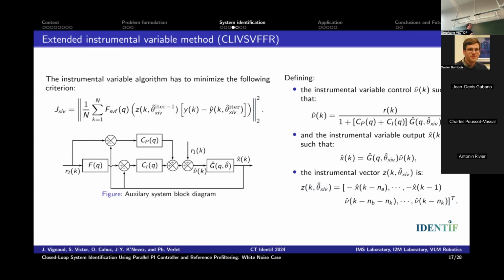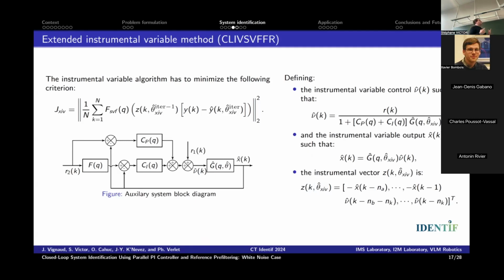Then I will talk about the extended instrumental variable method. This method has to minimize a criterion that is quite the same as the previous one.